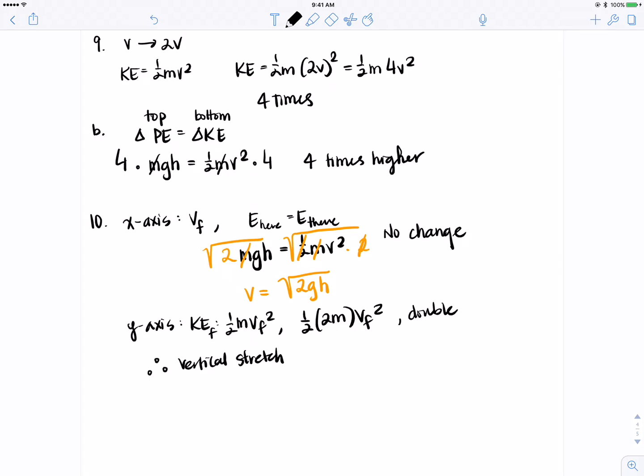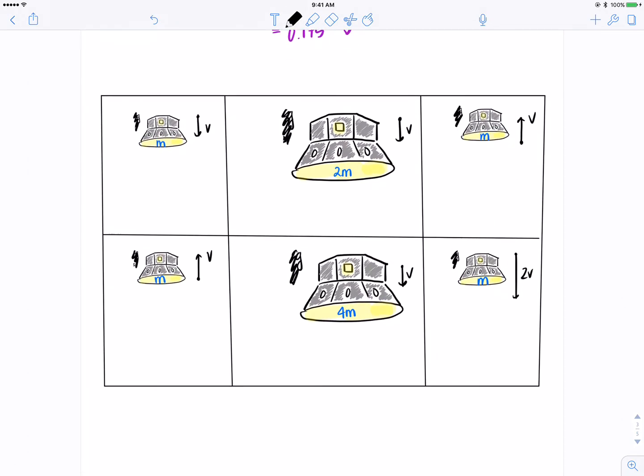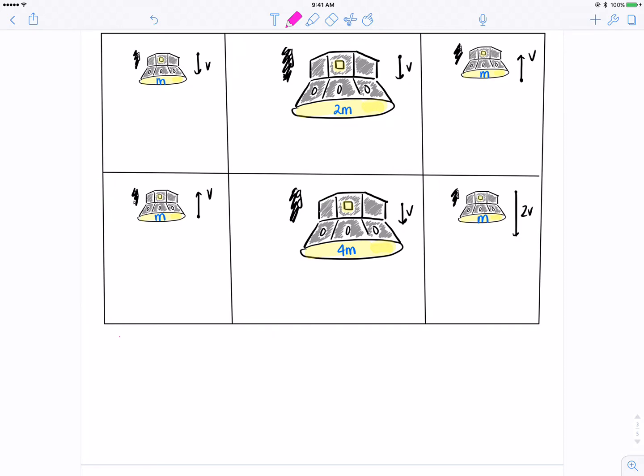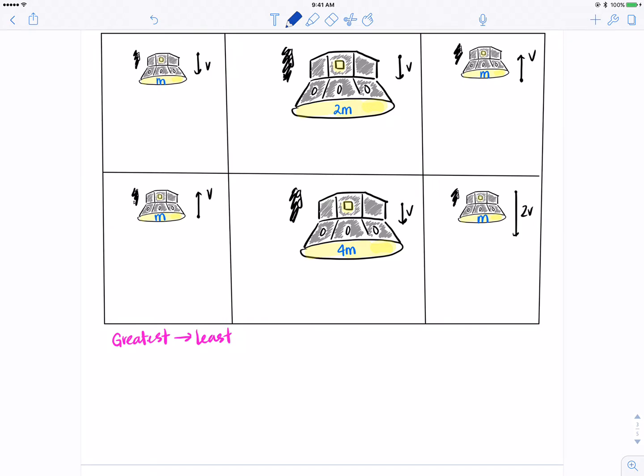Okay, so now we can continue onto the back page, and I'm just going to backtrack a little. So here, this post-investigation check said, rank the kinetic energies of the landers from greatest to least. Okay, I'm just going to make a note to myself since I will forget that. Greatest to least. And I'm going to go ahead and calculate the kinetic energy using only variables for each of these situations.